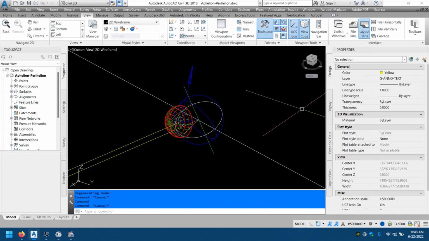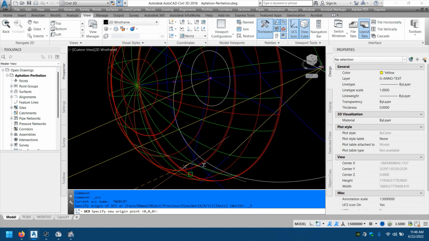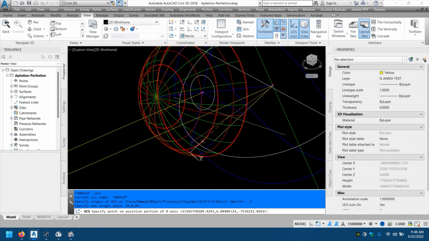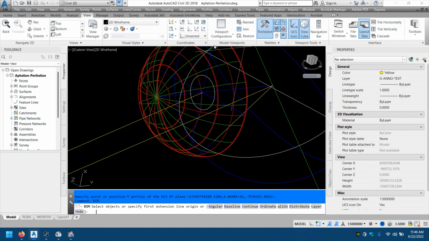So, first, let's measure. So I'm going to get the south and the center of me to the center of the earth, center of the earth, and then measure that angle.